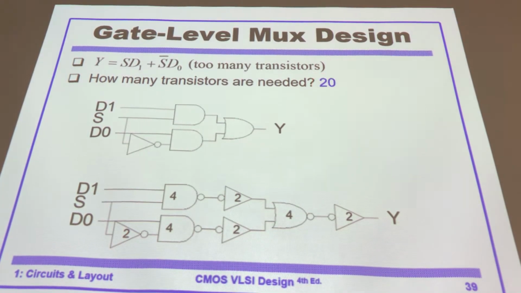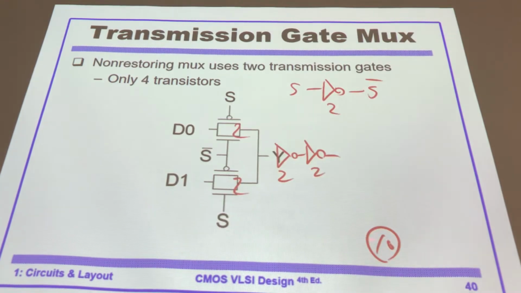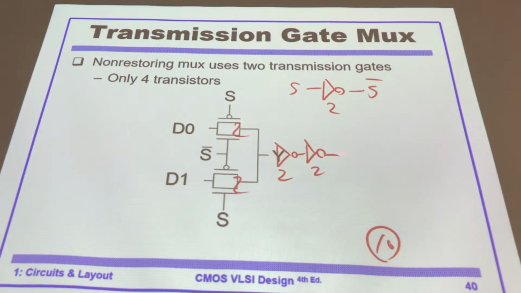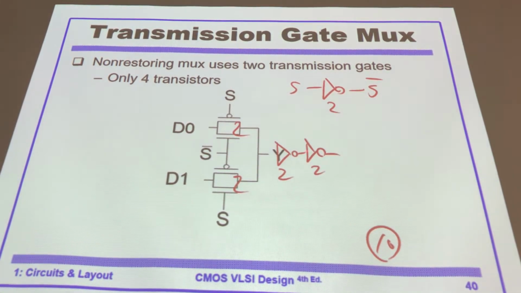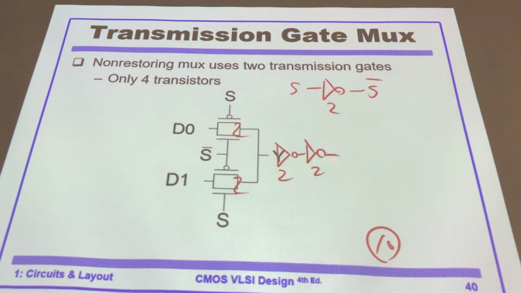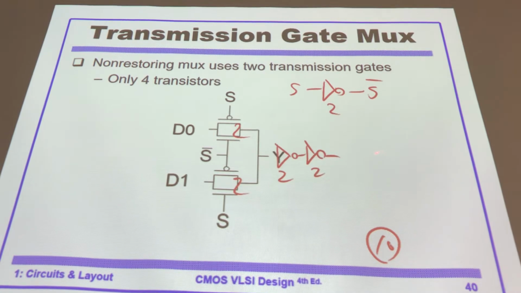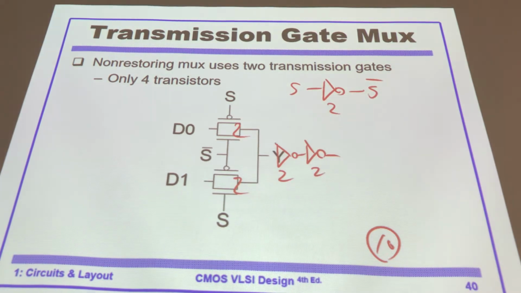Now we have 10, but it will give you a strong, clean output signal, because after you have two inverters here, it becomes a restoring output. So it comes from combining both approaches. Any questions?